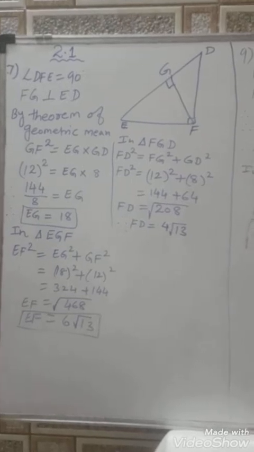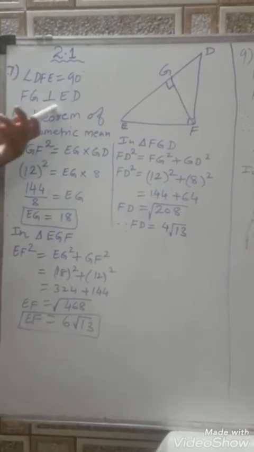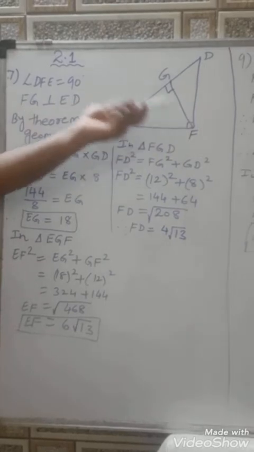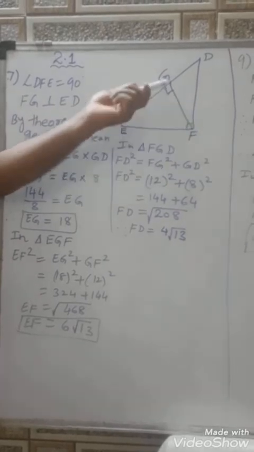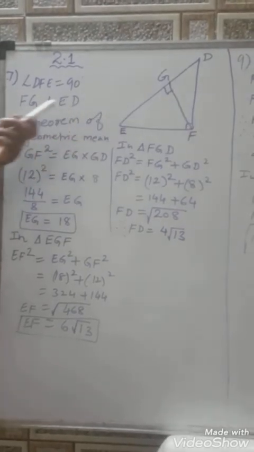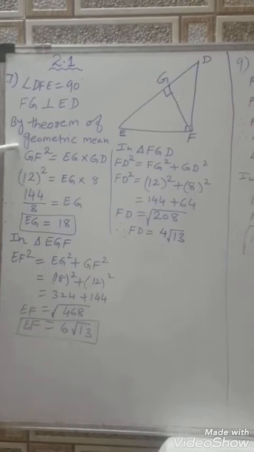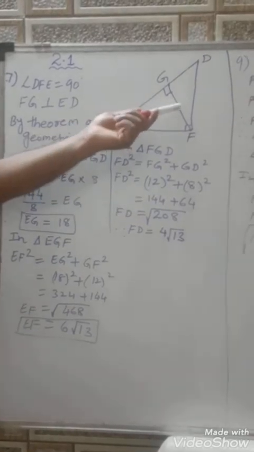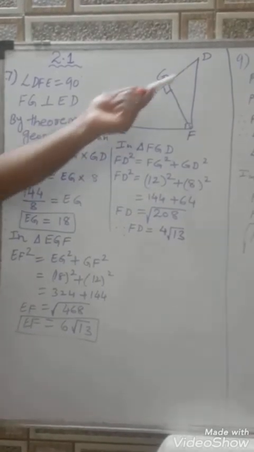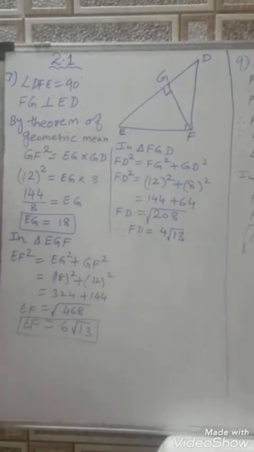So first we start with FG is perpendicular to ED. So this ray is perpendicular on the line, so it is by the theorem of geometric mean. Geometric mean, we know that the square of the line is equal to the product of that perpendicular line.